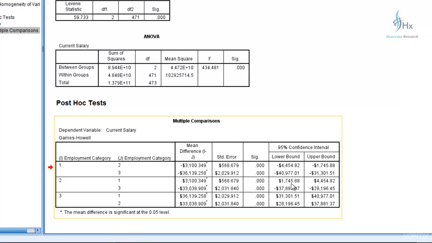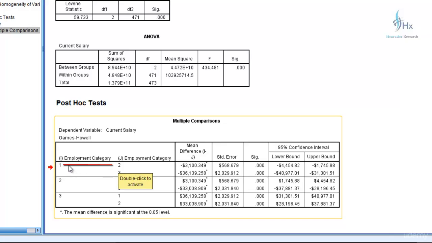Now let's look at the category comparison. Employment category 1 compared to 2 and 3 shows significant differences. It means clerks are drawing a significantly different amount of salary as compared to both custodial employees as well as managers. And who is drawing more salary? Since this mean difference is negative, custodial employees are drawing a significantly higher amount of salary as compared to clerical employees.